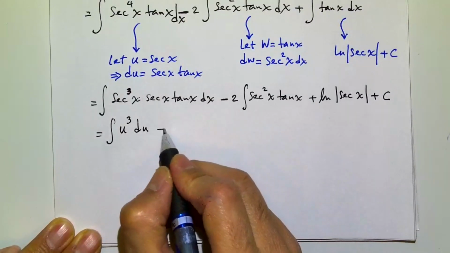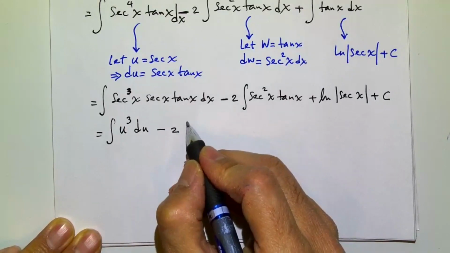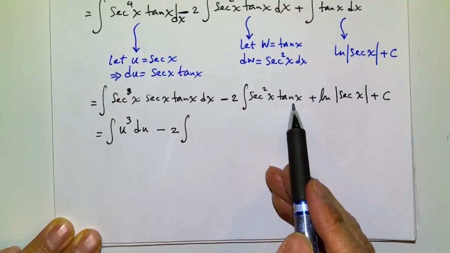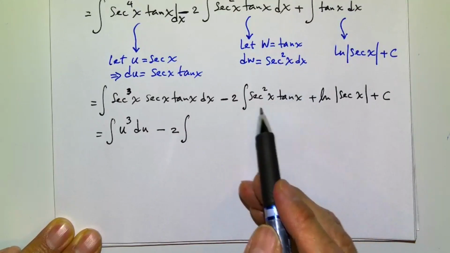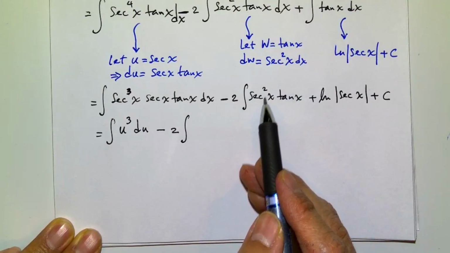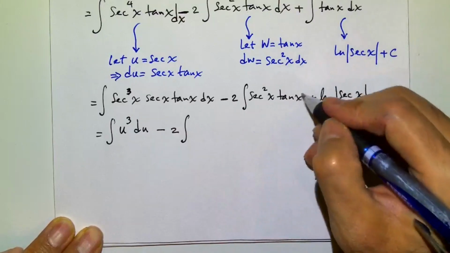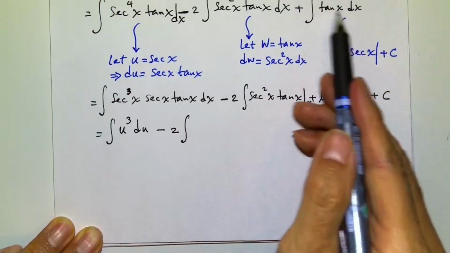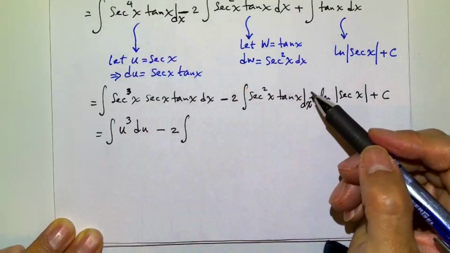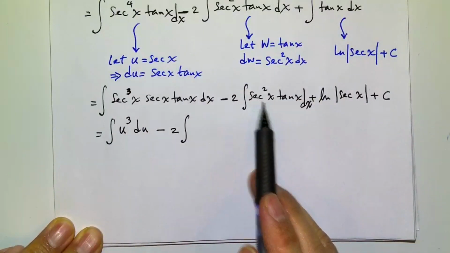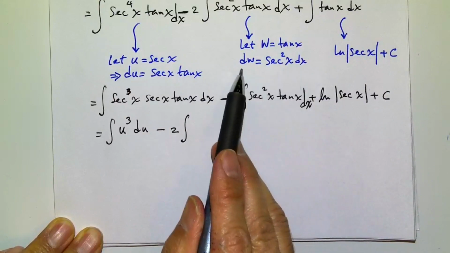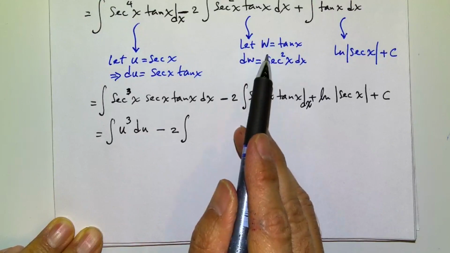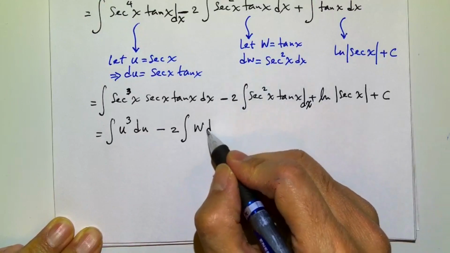Then, minus here, we would have minus 2 integral of secant squared x tangent x. Well, I need to remember to put my dx's here. Well, they're there too. Okay. So secant squared x dx is equal to dw, and then tangent x is equal to w. So we have w dw.